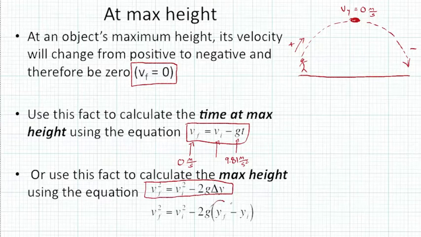Now, of course, this is really just our delta y expanded. But we can use the knowledge that at maximum height, the y component of the velocity is going to be 0 to find either the time to the maximum height or the maximum height itself of an object.